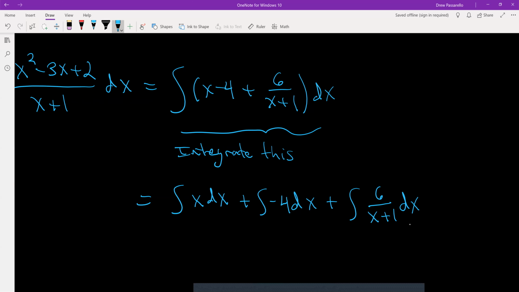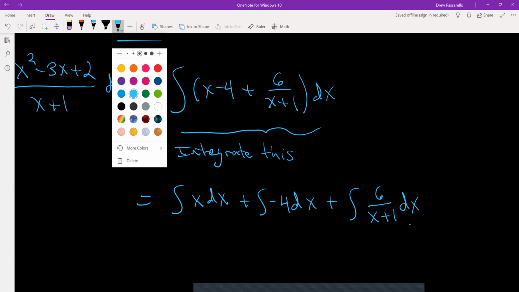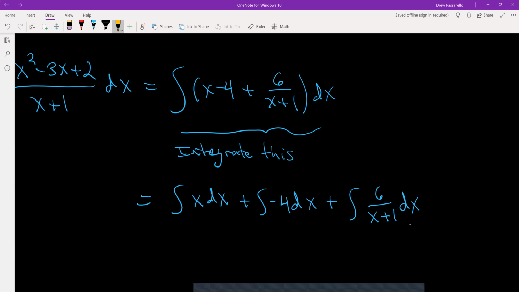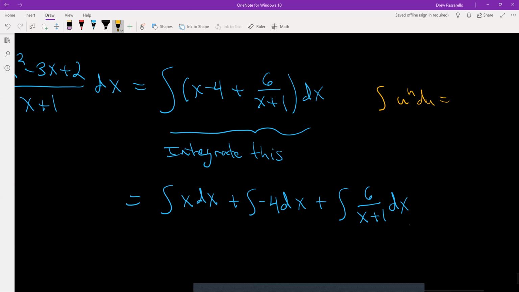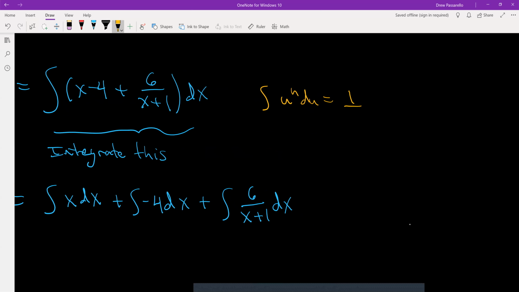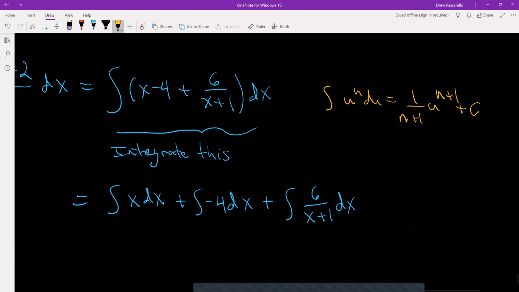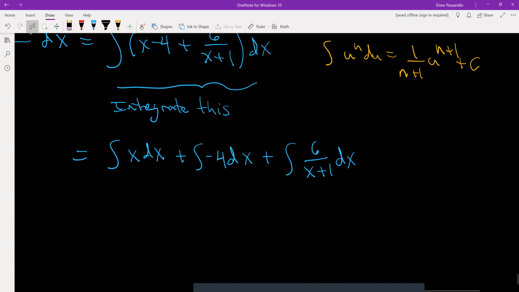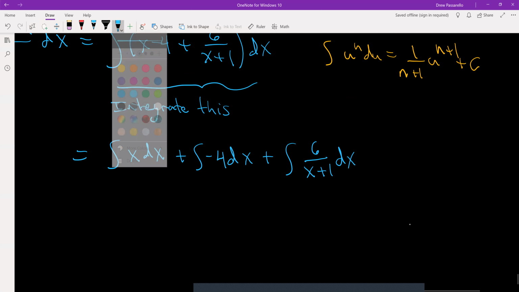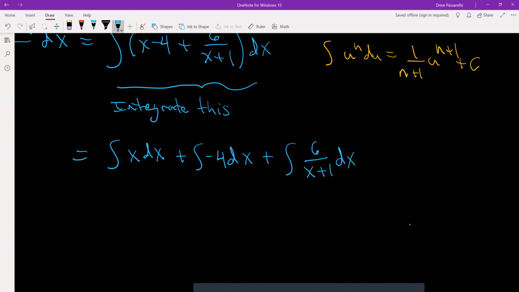And then integrating x, well, we know from integration rules, integrate u to the n du becomes 1 over n plus 1 times u to the n plus 1. All right, so x becomes 1 over 1 plus 1 times x to the 1 plus 1, which is x squared.